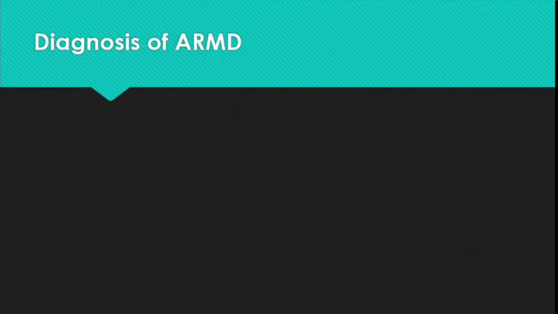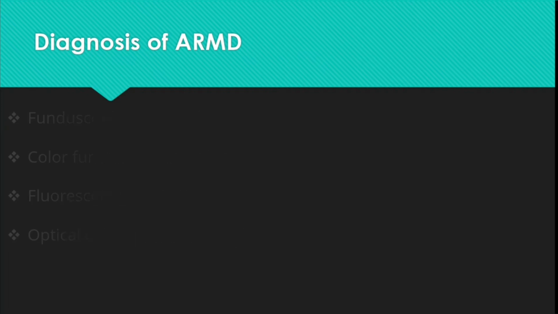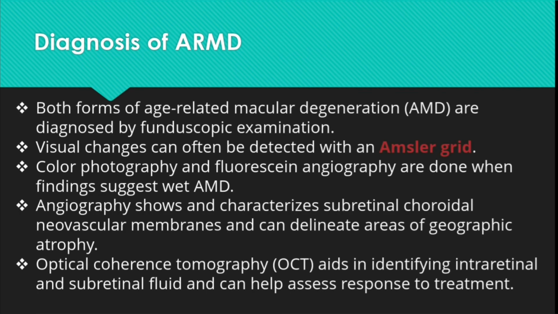All right. How do we diagnose this condition? As I just mentioned, fundoscopic examination, right? Other methods include color fundus photography, fluorescein angiography, and optical coherence tomography, or OCT. Both forms of age-related macular degeneration are diagnosed by fundoscopic examination. The visual changes can often be detected with Amsler grid.